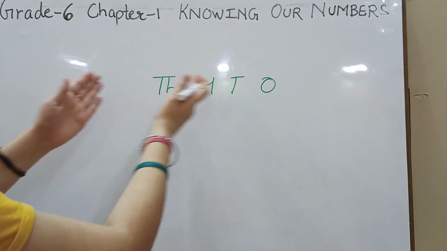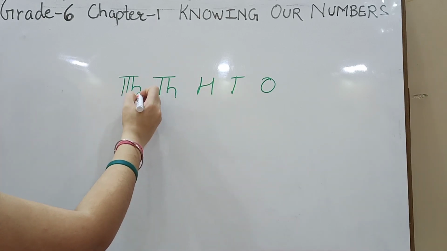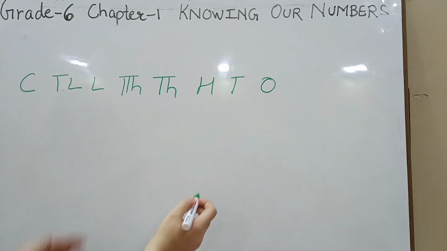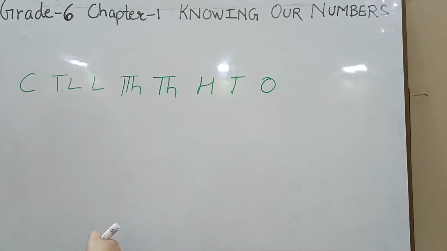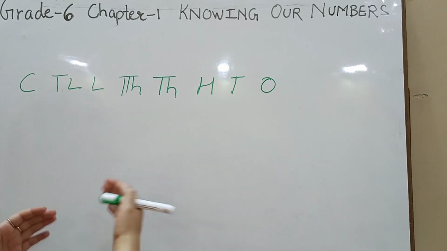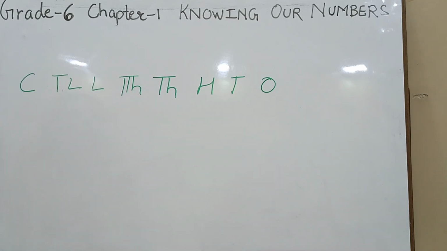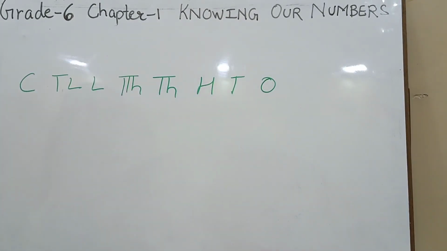As we keep on increasing in grades, we keep on increasing the place values also. 10,000, lakh, 10 lakh, crore. Now what are these? These are the digits, these are the values that are going to tell the position of the numbers. So when we talk about ones, tens, 100, 1000, 10,000, these are all the place values, and this whole chart system is known as Indian place value system.